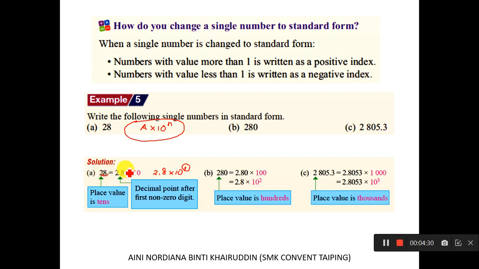We want the number, so just now A must be greater or equal than 1, but less than 10.